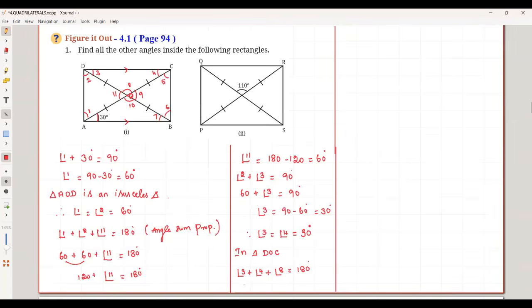Angle 3 is 30 degrees plus angle 4 also 30 degrees plus angle 8 is equal to 180 degrees. 30 plus 30 is 60. 60 plus angle 8 is equal to 180 degrees. Now angle 8 is equal to 180 minus 60, which is 120 degrees. Now I got angle 8 is equal to 120 degrees.